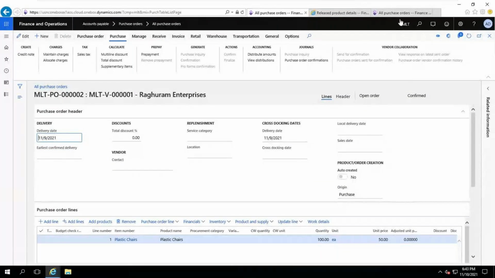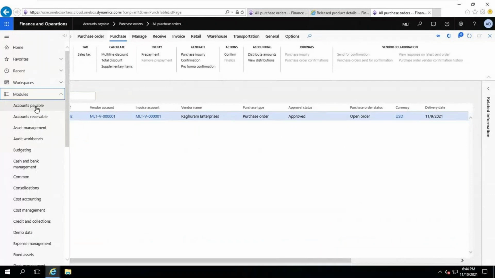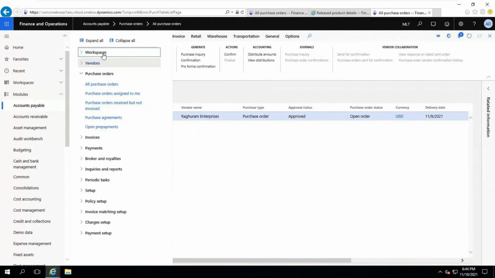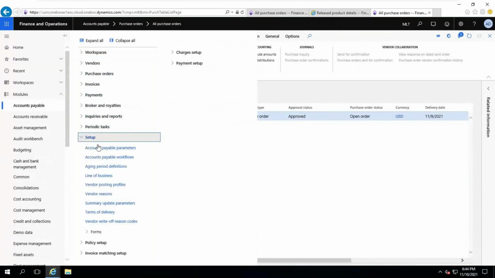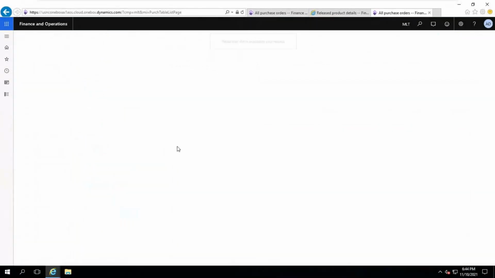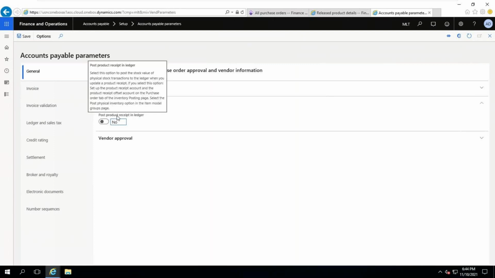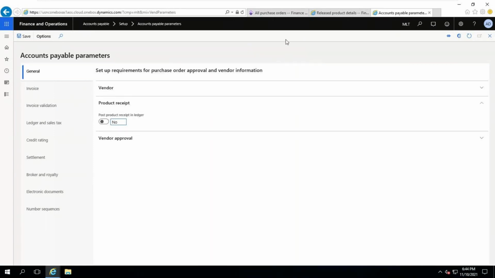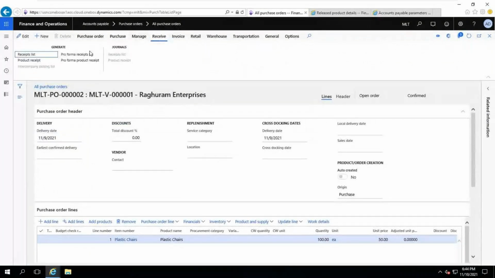Okay, next. Now in accounts payable parameters, I have not enabled this product receipt checkbox. Post product receipt in ledger, I have not mapped. So if I am doing a product receipt, will any ledger accounts be posted or not?